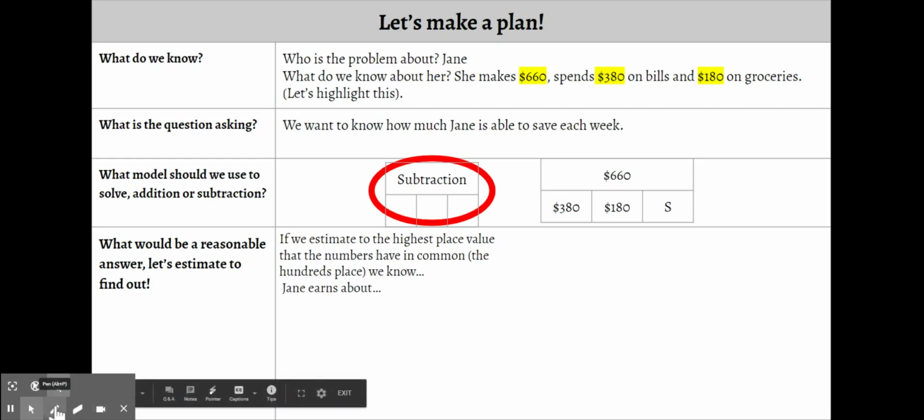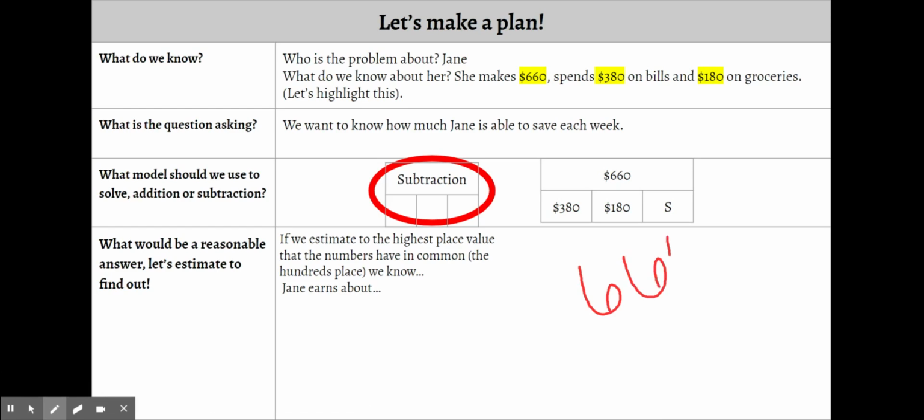So Jane earns $660 each week. If I want to round to the hundreds place, I need to underline my hundreds place. I circle the number next to it.